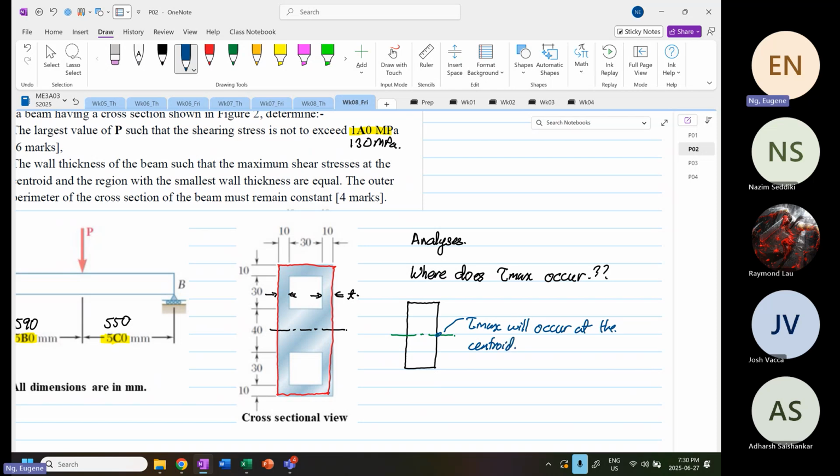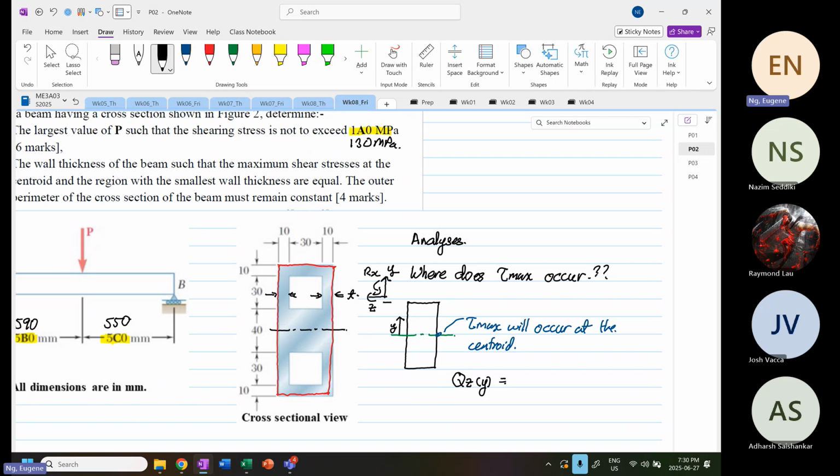Now, some of you might say, Eugene, why is that? Okay, because if we were to follow the transformation where this is y and z over here, this is rotation about x, if we were to calculate the first moment of area about the z-axis as a function of y, our variable over here is y.